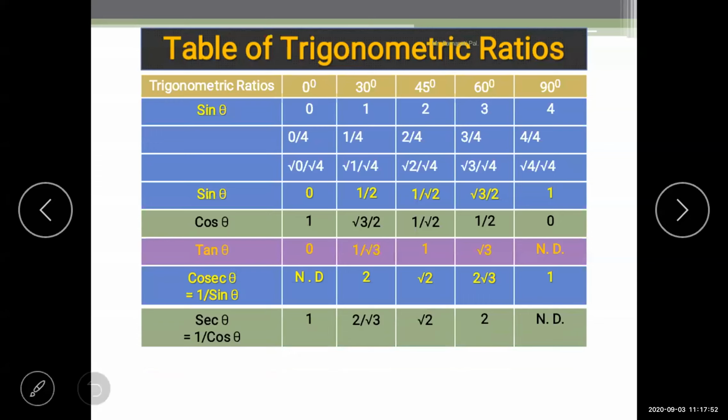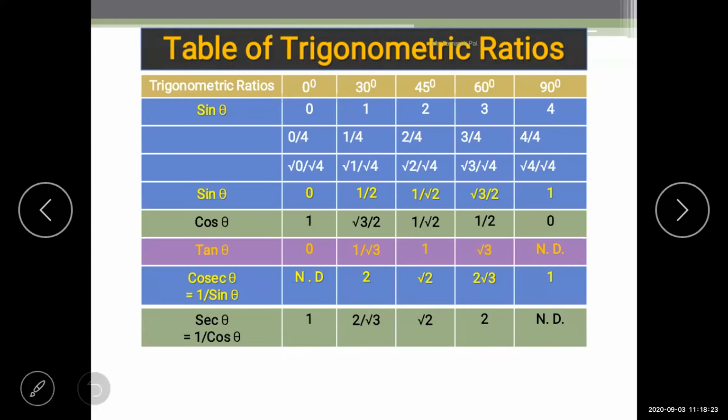Let's see sec theta. Sec theta is equal to 1 upon cos theta. So we have to reverse the cos theta. Or you can reverse from cosec theta also, then also you will get the answer.